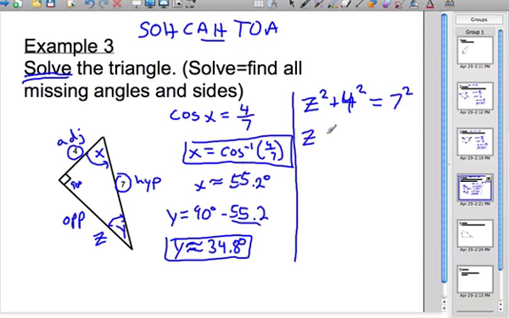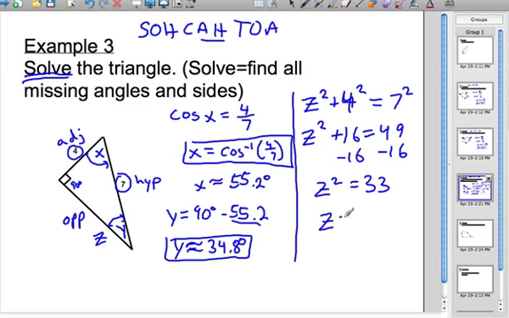So I'm going to work that out. Z squared plus 16 equals 49, and then subtract 16 from both sides. We get z squared equals 33, and z equals root 33.